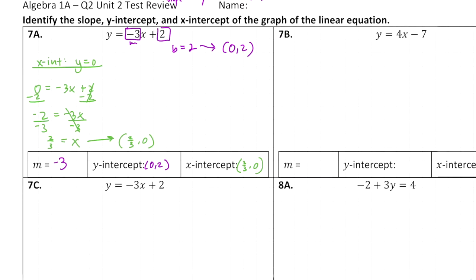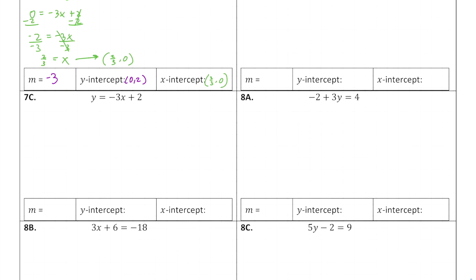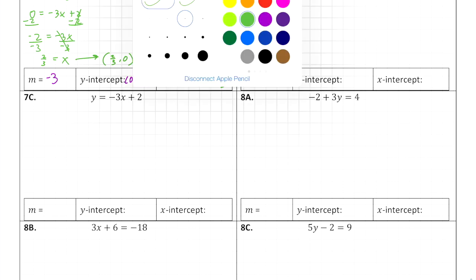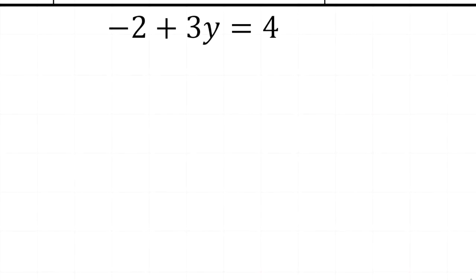All right. Let's check out something like 8a. Let's find our slope, y and x-intercept. Spoiler alert, we may not have all 3 of these things. So let's start. This one is not already in slope-intercept form, but I can convert it into slope-intercept form by solving for y. So if I do that here, first thing I do is add 2 to both sides.